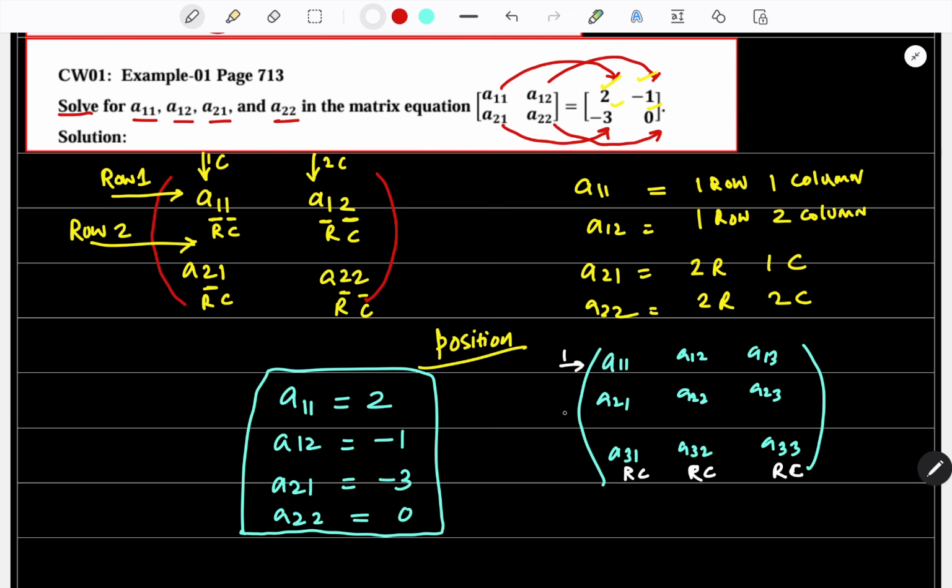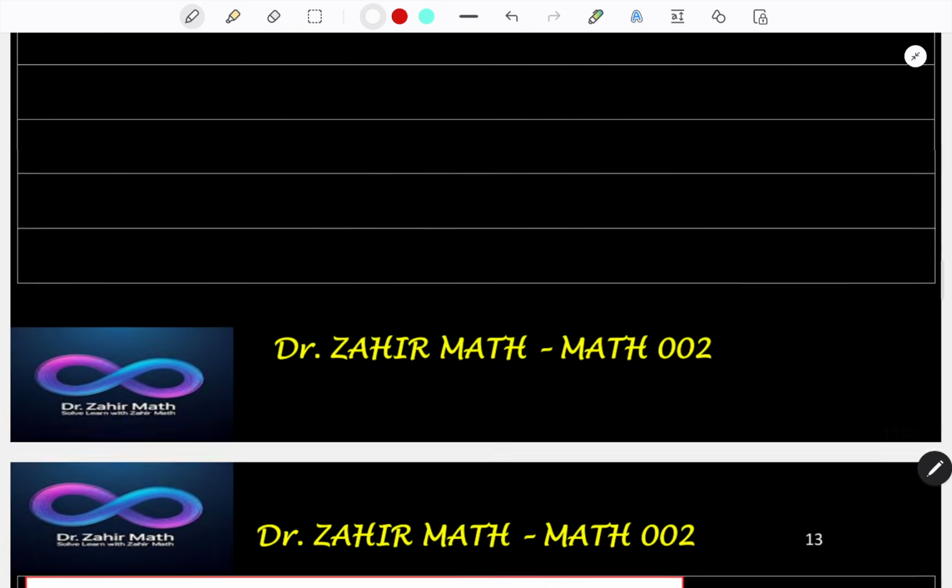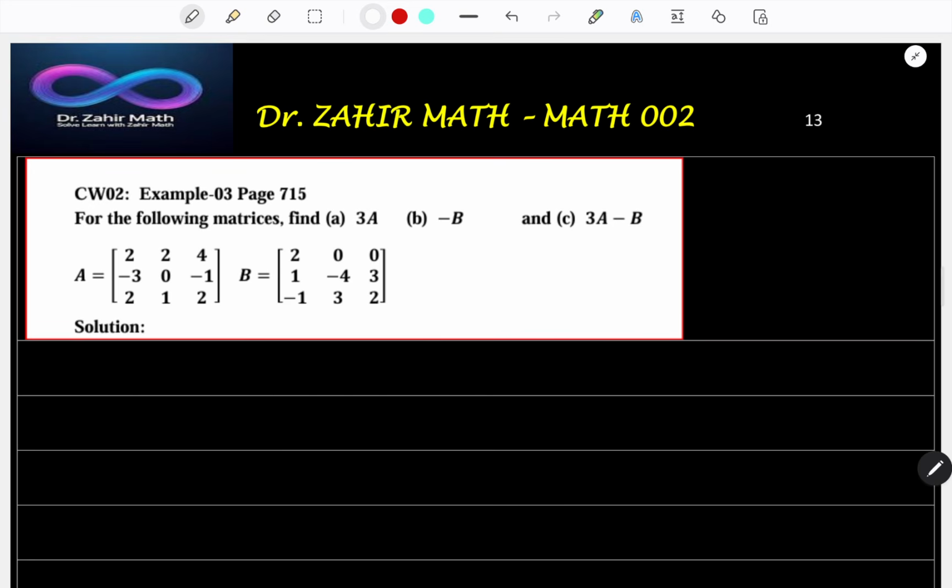This is first row, second row, third row. And this is first column, second column, third column. So when you get a 3 by 3 matrix, you're going to write like this. Clear? Let's go for the next question.